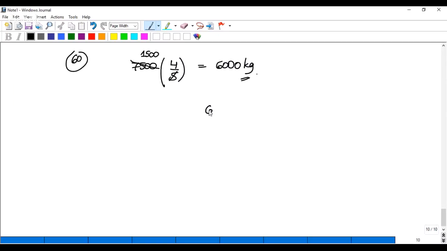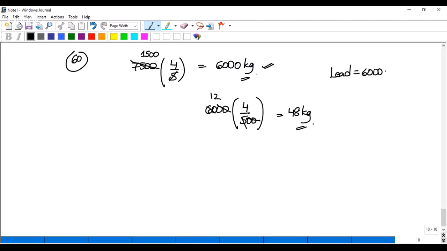And given that in this 6000 kg, 4 by 5% is silver, well, 48 kg is silver. So the remaining in the 6000 kg should be lead. So lead is simply 6000 minus 48 is 5952 kgs.